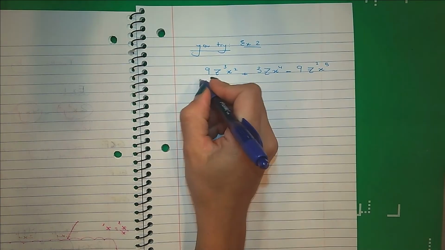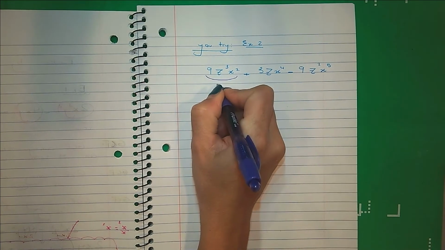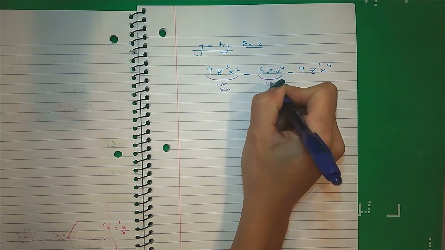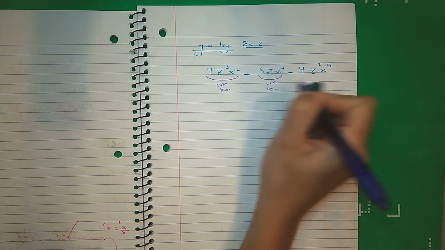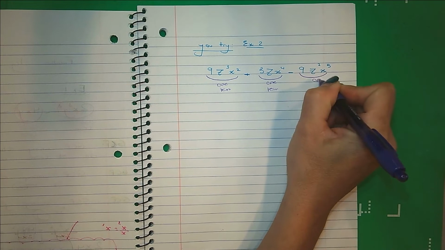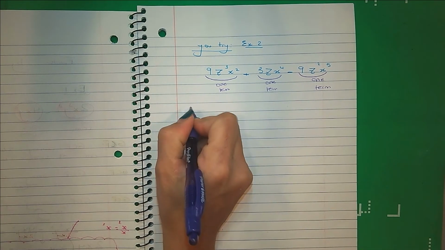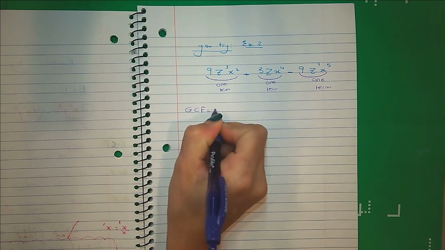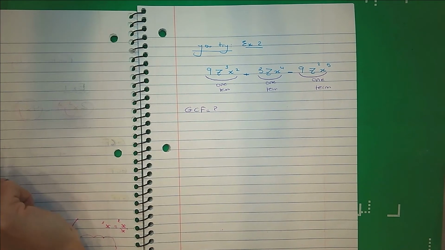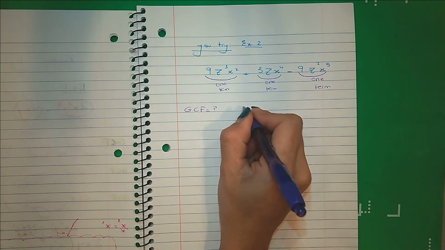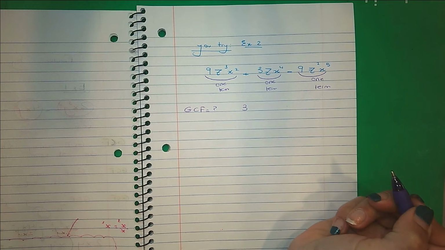So we're going to think about, that's one term. All this is considered one term. All this is considered one term. All right, now I'm going to see, do I have any greatest common factor? That's going to be my next question. And I'm going to look. Good job, yes, it's 3, Hattie, you're right. So I have 3, what else?